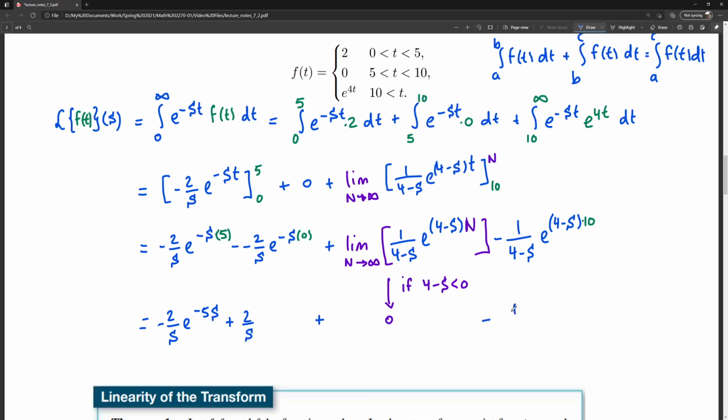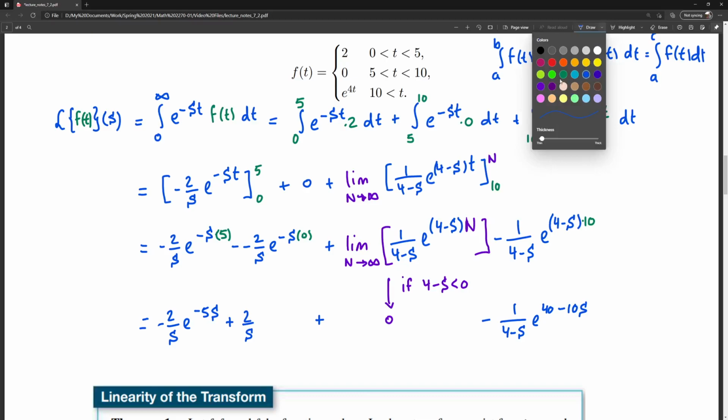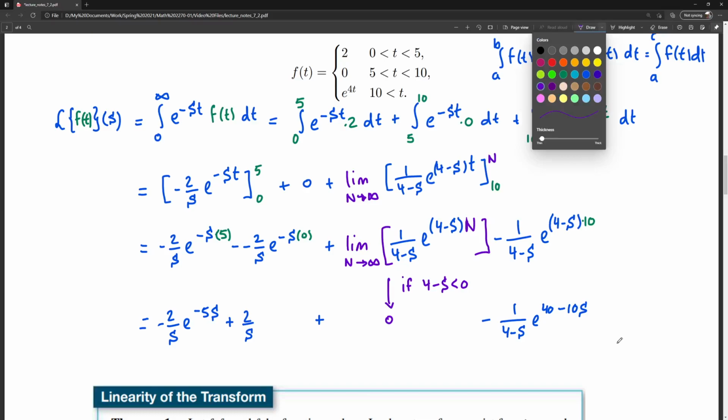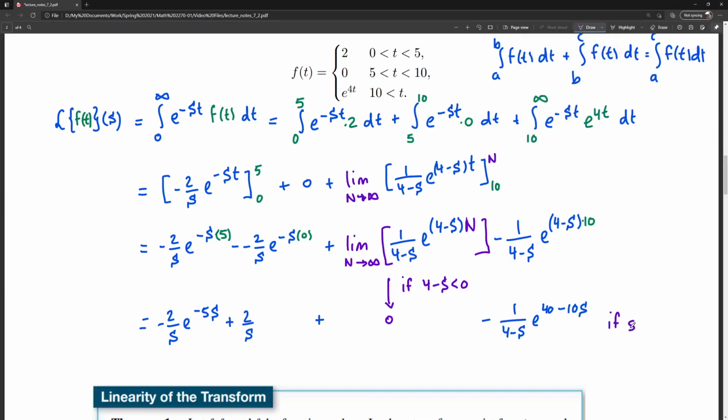And then minus 1 over 4 minus s, e to the power, and now let's just multiply that out, 40 minus 10s. And we can solve that for s, and that's if s is greater than 4.